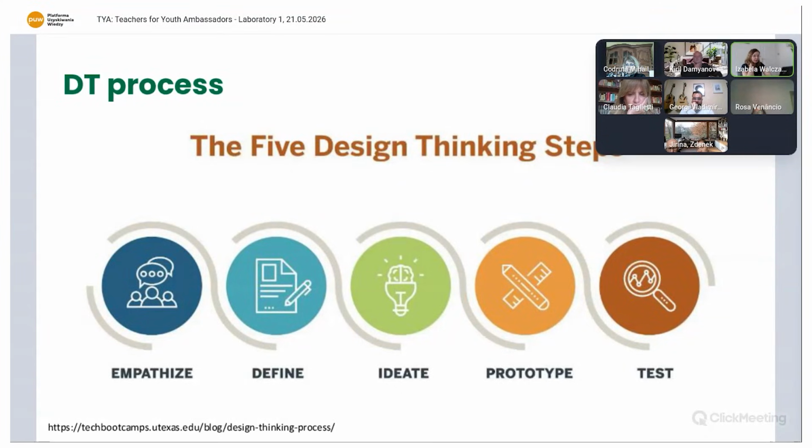The second is defining the solution, or the goal of the solution. The third one is looking for ideas and also finding the one which is the best. And then prototyping, and finally testing the solution. What could be added as the 6th stage is implementation.